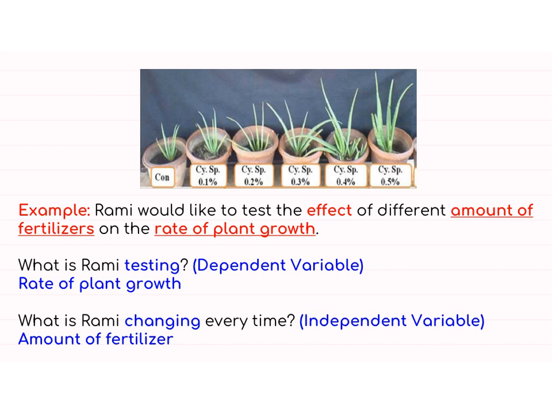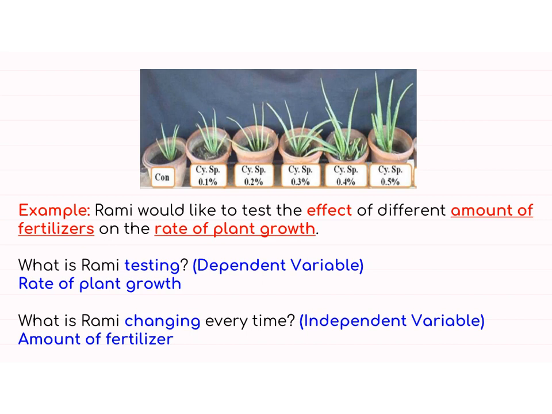Now, we identified before two types of variables, the dependent one and the independent one. We explained that the independent one is the variable that the scientist is changing, while the dependent one is the variable that the scientist is measuring.